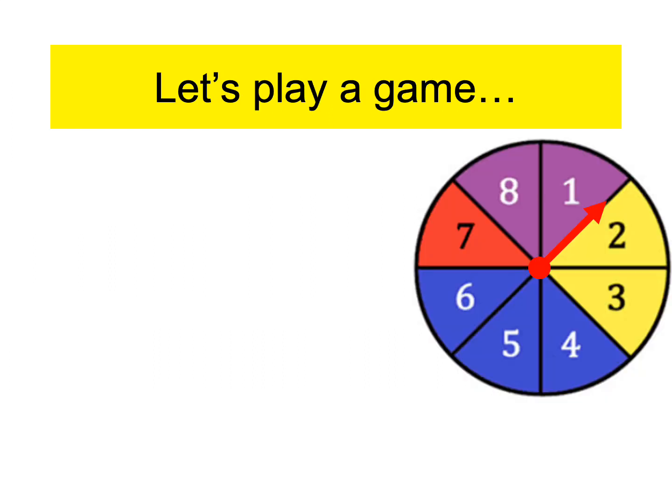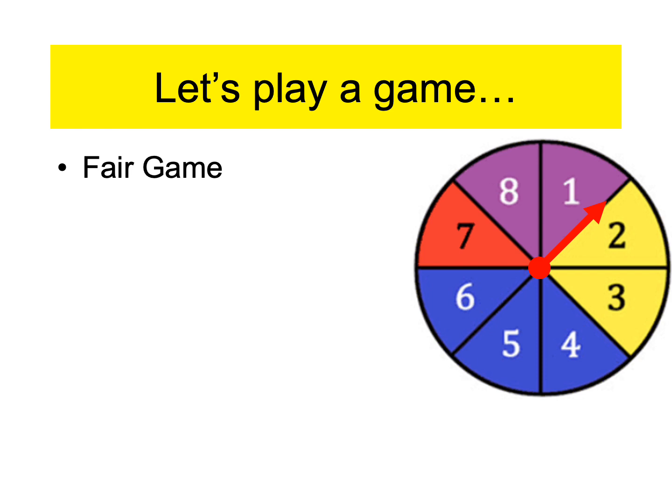So let's play a game. Now remember, we're playing a fair game. Even though my arrow is literally pointed between 1 and 2, we're going to say that can't happen. Anytime you spin the spinner, it will always land on a number. So it's a fair game, and it's not weighted to one side. It's equally likely to land on a 1 as it is to land on a 5.